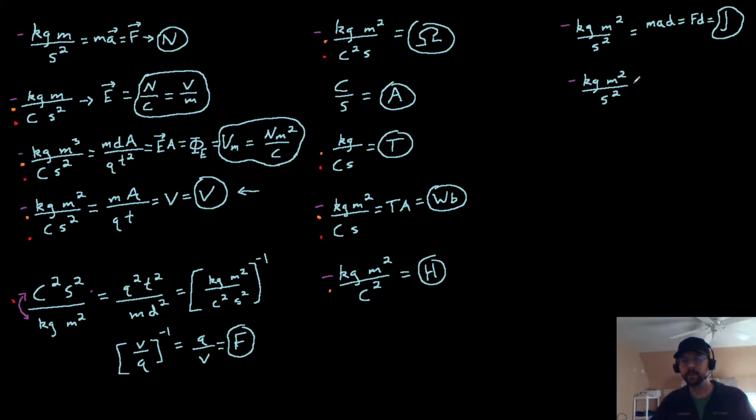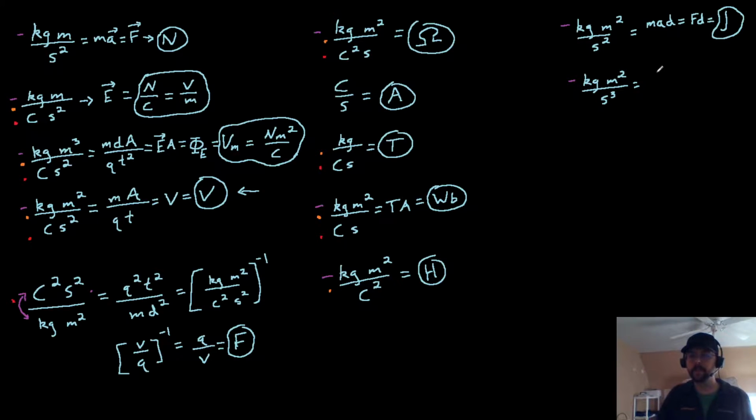Now, kilograms times meters squared. I wrote the same thing twice. One of these is wrong. That one's right. This is supposed to be seconds cubed down here. So you'll see this is the same as the one above, but with an extra second on the bottom.